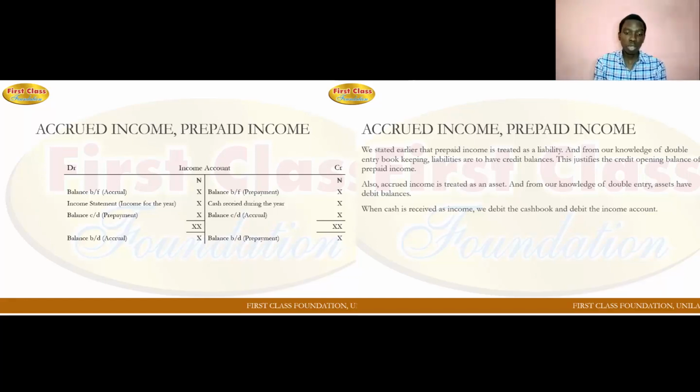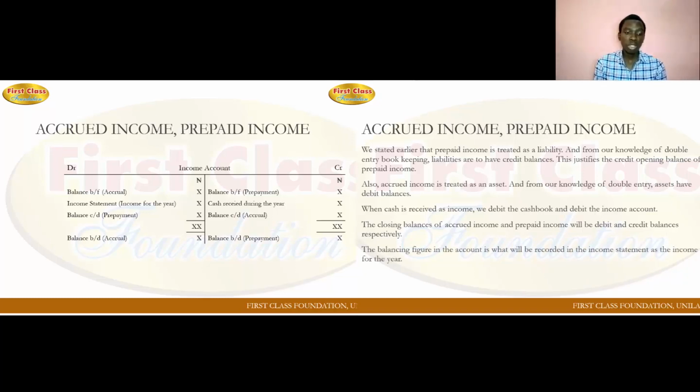That's why we are crediting this income account with the cash received during the year. And the closing balance of accrual will be debited, being an asset, and the closing balance of prepayment will be credited, being a liability. So our balance carried out will be on the opposite side of both.